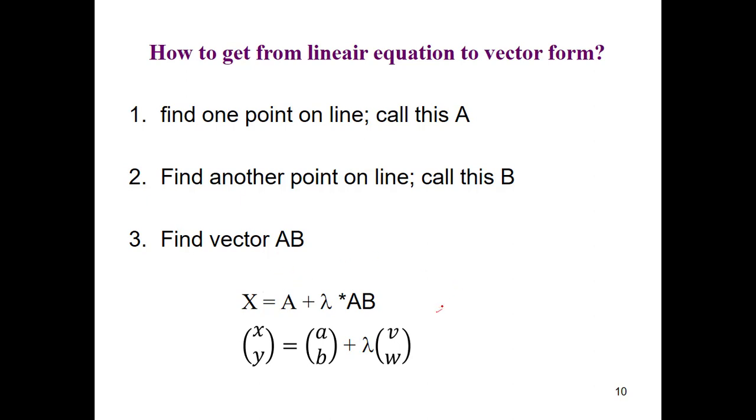Then, if we have the line, we just find 2 points on the line, for instance point A, point B. One of the points can be used as the starting point, and with the help of the other point, we can calculate the direction vector AB. Together, (x, y) would be the starting point, this point A, plus lambda, the parameter, times the direction vector AB.